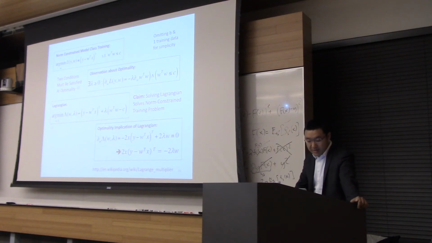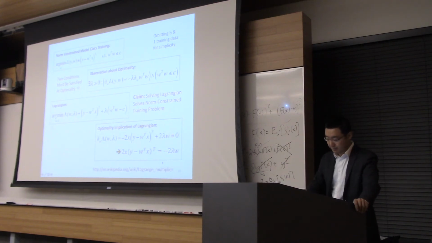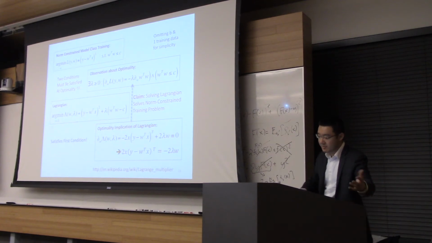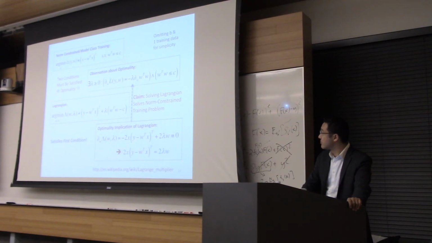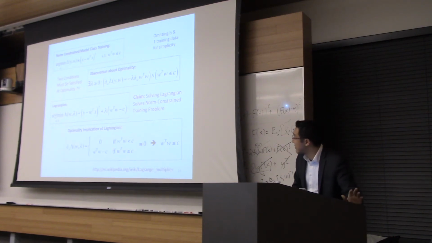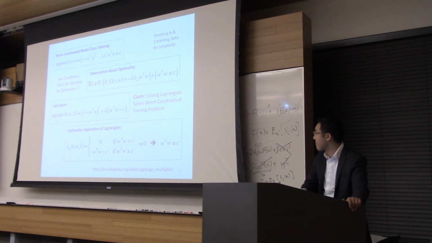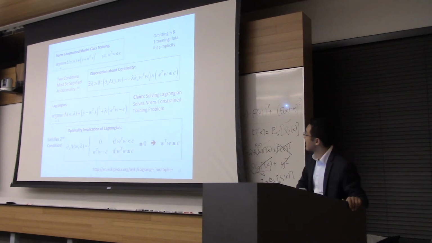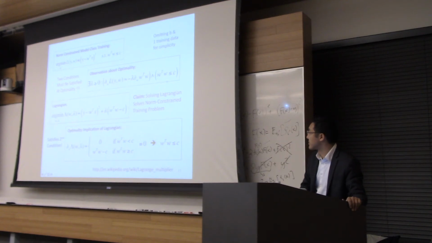And so if you take the gradient with respect to W of the Lagrangian, and you set it to 0, you get back that this has to equal this, and that satisfies the first condition. And then if you take the gradient with respect to lambda, it's a little bit more complicated, but it satisfies the second condition that the norm has to be constrained.